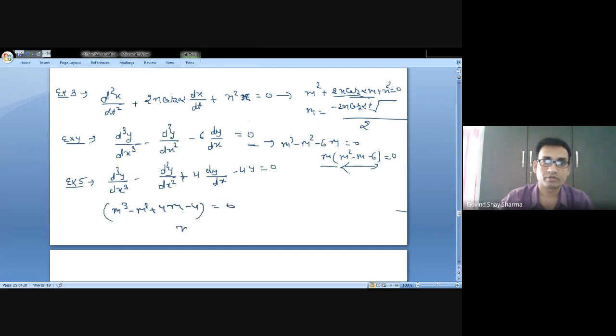Here we get three values m1, m2, m3, and according to the three values we write the roots of the equation, and after finding the roots, we write the CF part of the equation. Now friends, I hope after this lecture, this is a very easy part of differential equations and you can easily understand how to find the CF solution.